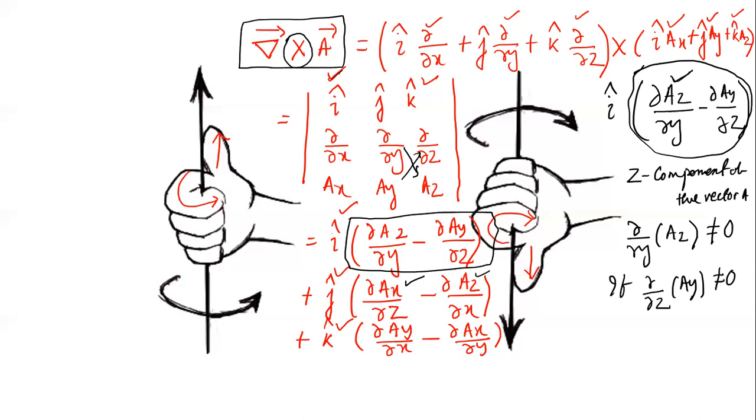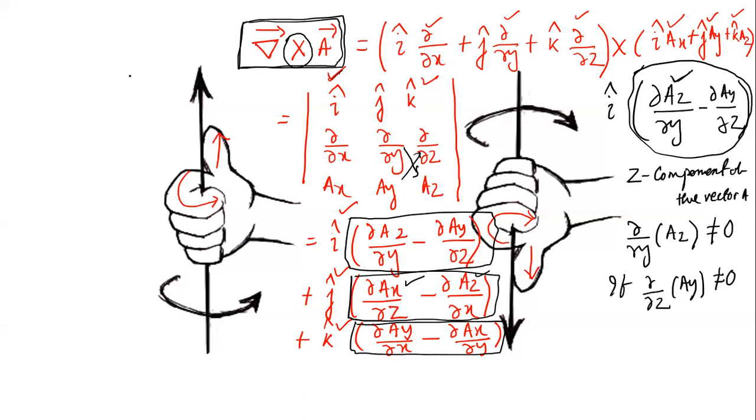So these bracketed terms should exist, and this should not be zero. You can say one of the components is zero, but not all three. Then we can find out that del cross A will exist.